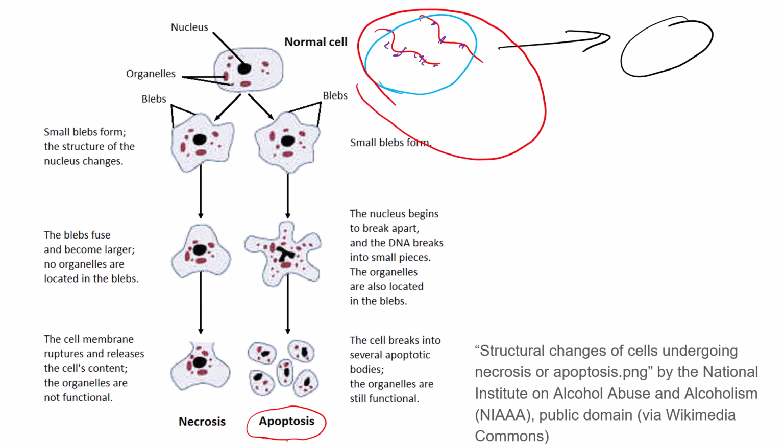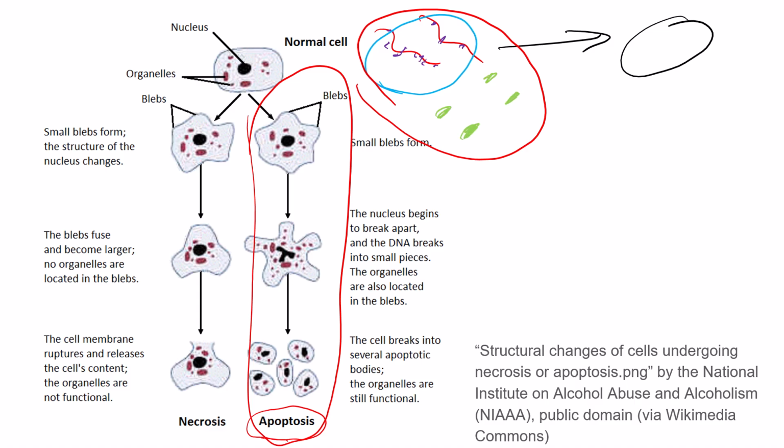When the cell recognizes it, it goes through apoptosis. And apoptosis is what we see here on the right side. So inside the cell, there are lots of enzymes. Remember enzymes? They are proteins that do chemical reactions. And the cell releases these enzymes, they're activated, and they start to destroy everything inside the cell. They cut it up.